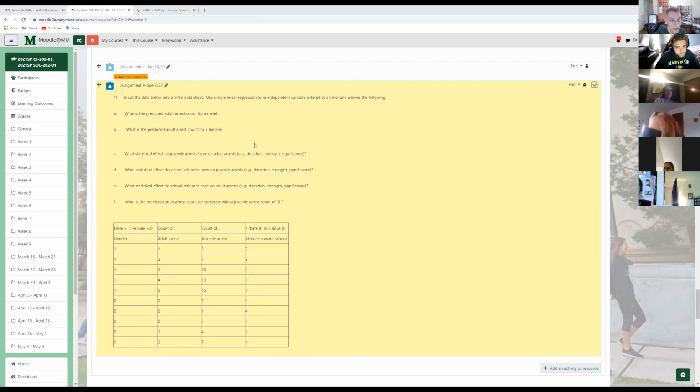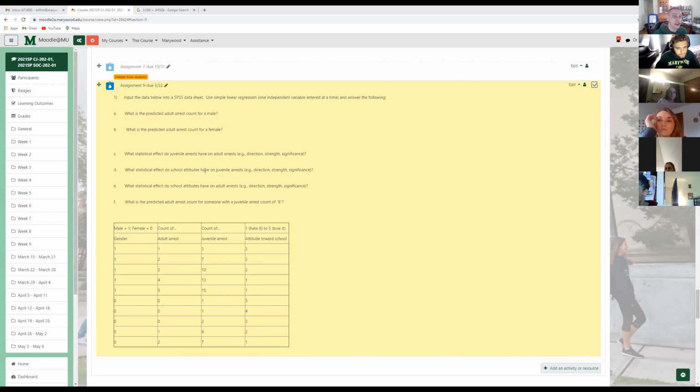Okay, and that would be one regression outcome, and then you would go back and do it again, and you would switch out gender and put in juvenile arrests for part C, and then you would switch out juvenile arrests and put in school attitudes, and then switch out adult arrests and put juvenile arrests in for part D.